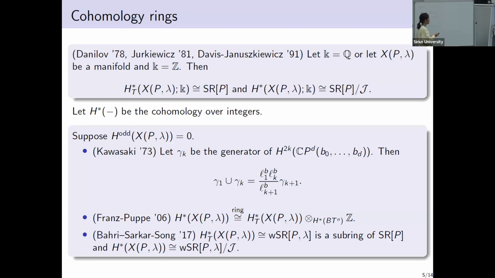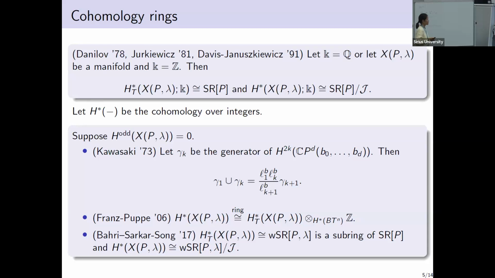In general, a result given by Franz and Puppe showed that the cohomology ring is isomorphic to the equivariant cohomology ring tensored with a copy of Z. So by their result, if we want to know the cohomology ring of the space, it is enough to know what the equivariant cohomology ring is.